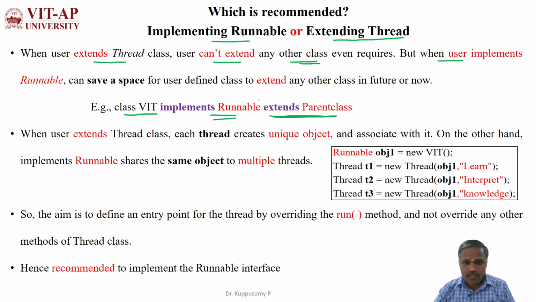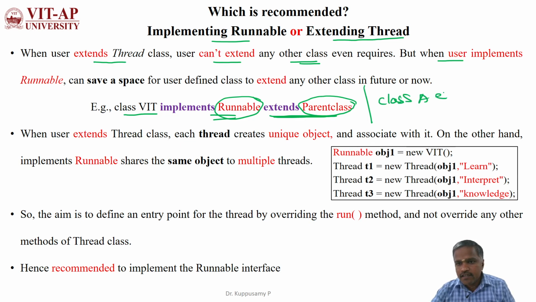Here he is using the interface and also the parent class. But when he uses class A extends B, then if he wants another class C, he cannot use it here. So that is the issue with the extends-based method of creating the object.